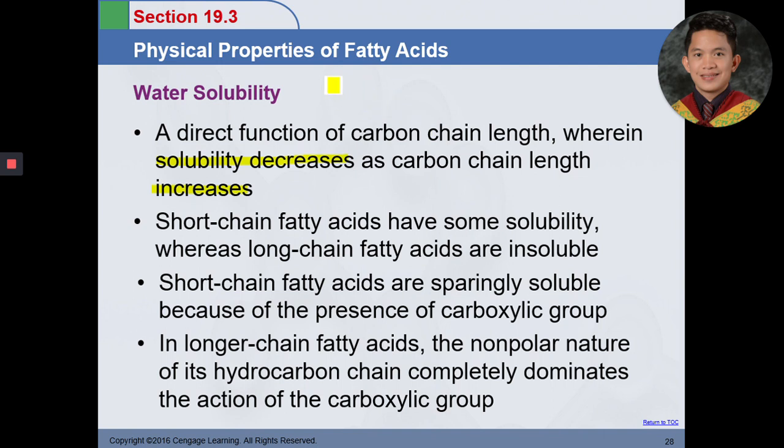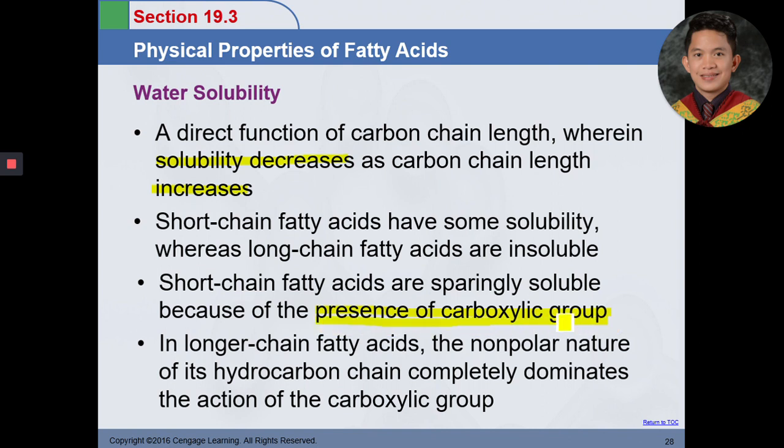As length increases, solubility decreases. Which is why short chain fatty acids have slight solubility in water, whereas long chain fatty acids are completely insoluble in water. Now, the slight solubility of short chain fatty acids is because of the presence of the carboxyl group within the structure.